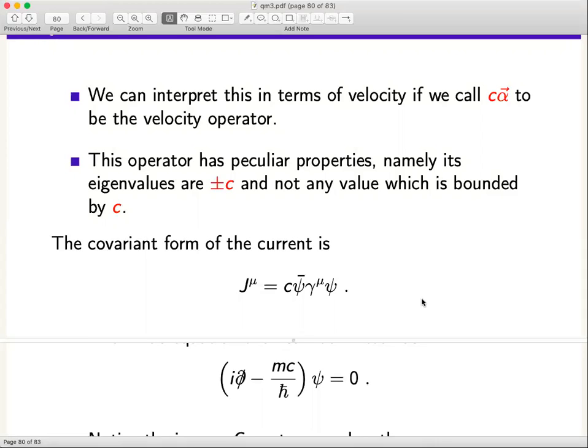If the upper component is non-zero and the lower component becomes small in the non-relativistic limit, then you would call that a particle degree of freedom, and the upper two components are called large components, the lower two components are called small components. If the situation is opposite, the lower components survive and the upper components become small, then it is an antiparticle degree of freedom, and you call the lower component large and the upper component small. That is how the solution turns out.